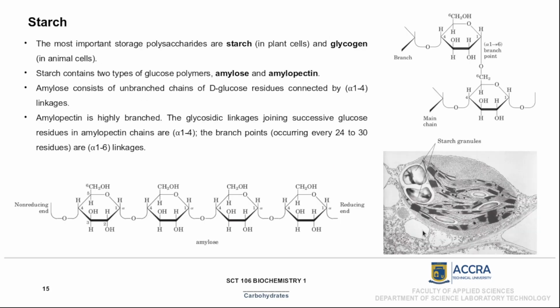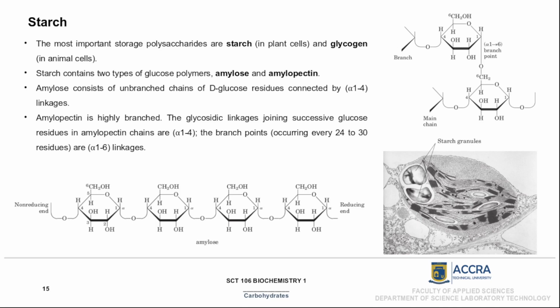Now, let's take some examples of these polysaccharides. The most important storage polysaccharide is starch in plant cells, and in animal cells it is glycogen. We will soon come to glycogen as an important storage polysaccharide in animals.